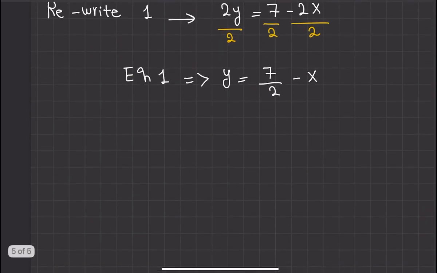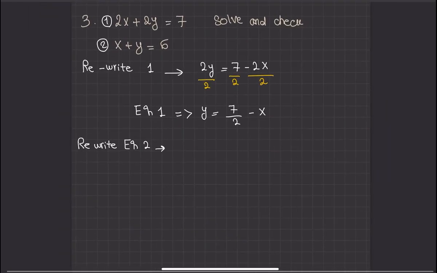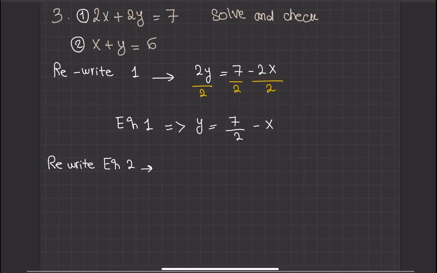Then I'm going to rewrite equation 2. So what I have here, I have x plus y equals 6. This is simple. I'm just going to write y here. It's going to be 6. I'm going to move the x to the right side. So it's going to be 6 minus x. This is our equation 2.